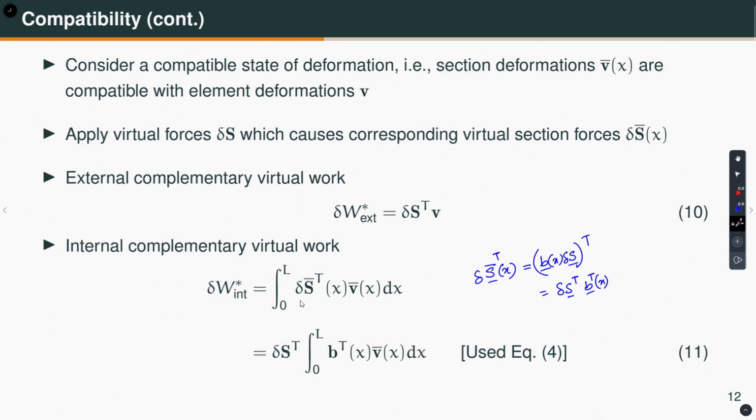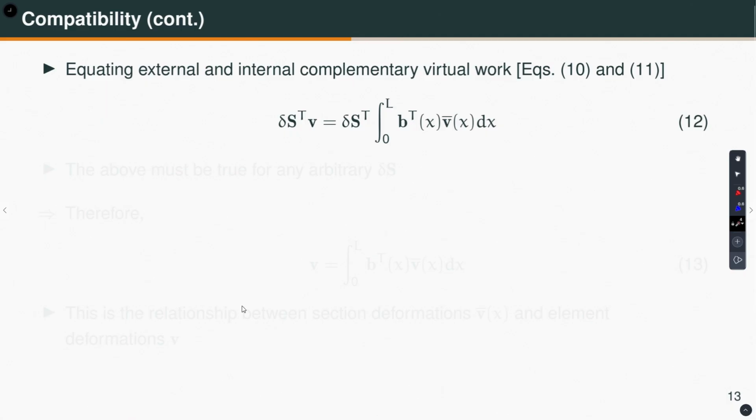So, this is replaced by that quantity. Since delta S is independent of the integration, it is taken out. This is my external complementary virtual work and this is my internal complementary virtual work. I will equate the two, and this is what I get.